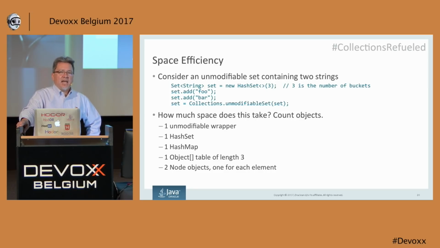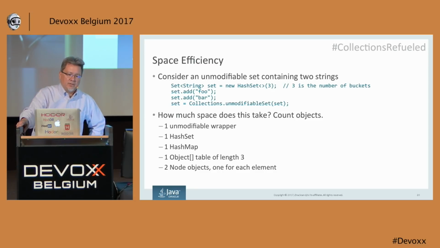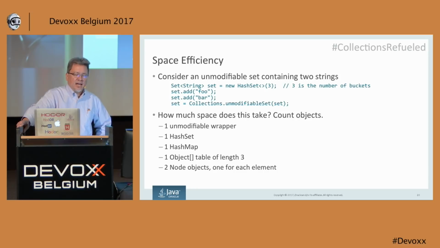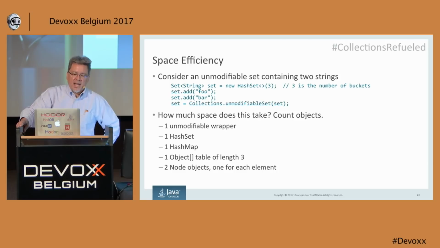A hash set is simply a hash map where the set elements are keys in the hash map, and the value is some sentinel object that's irrelevant. A hash map has an internal array called a table, and those are hash buckets, and then the contents are a linked list of nodes that are hanging off of the hash buckets.